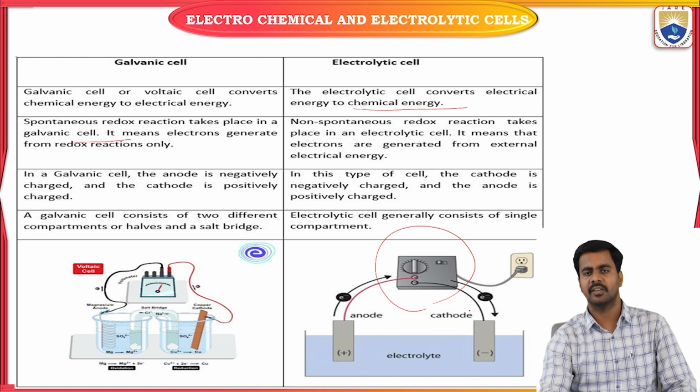Why? Because both electrodes are dipped in one compartment which contains the electrolyte, so there is no use for a salt bridge in the electrolytic cell. These are the major differences between the electrochemical cell and the electrolytic cell.